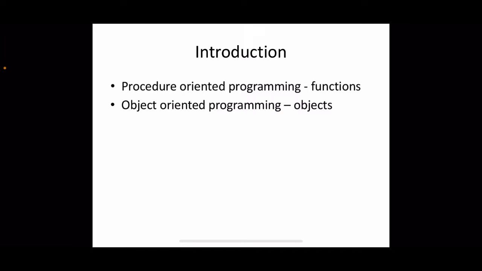So if you want to model a real world problem as such using a program, we can use an object oriented programming language. That is the motivation behind object oriented programming. Python is also designed as an object oriented programming language, so we will see how programs can be written in that way in Python.